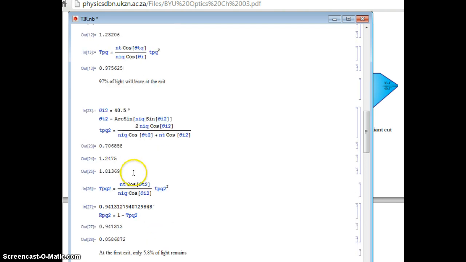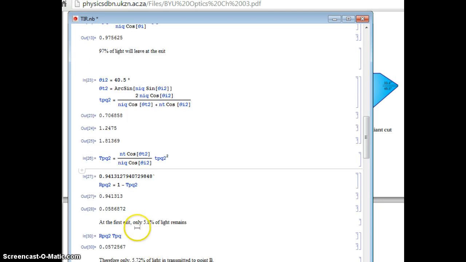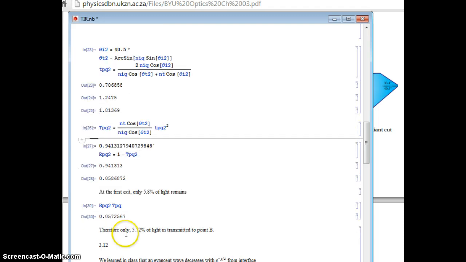Then the transmittance value is 94% transmitted into the air. So that means only 5% stays of the light. If you multiply the 5% times the light that was transmitted at the exit, we end up with only 5.72% of the light transmitted to point B.